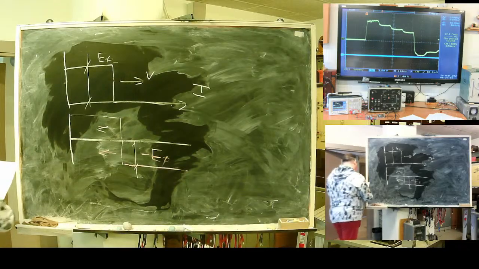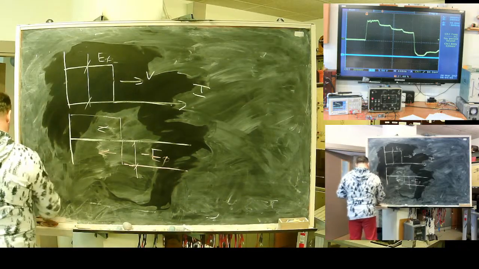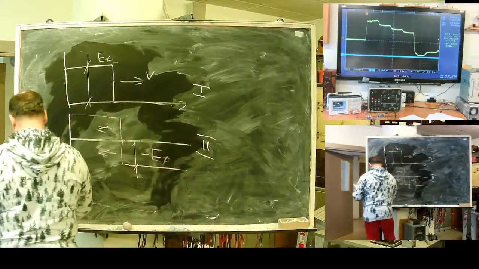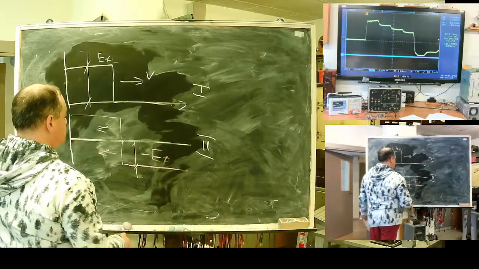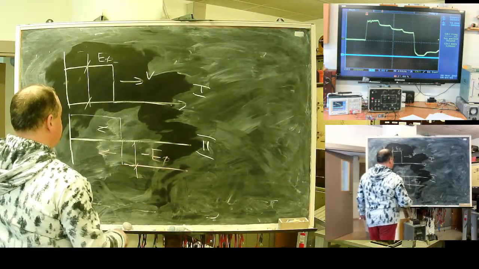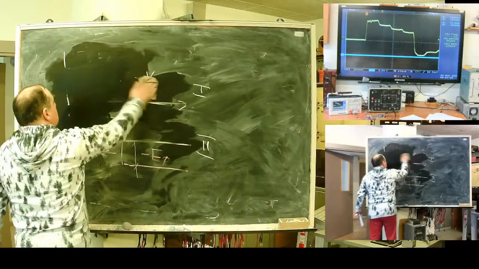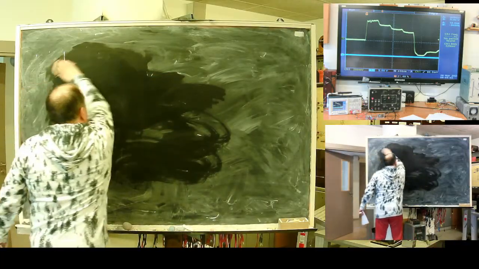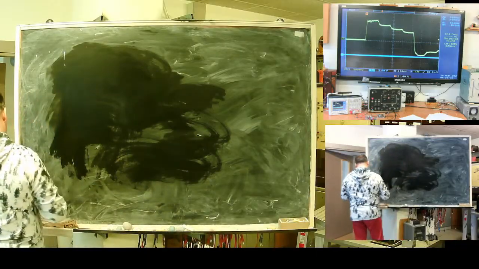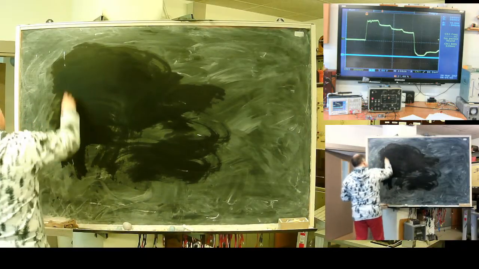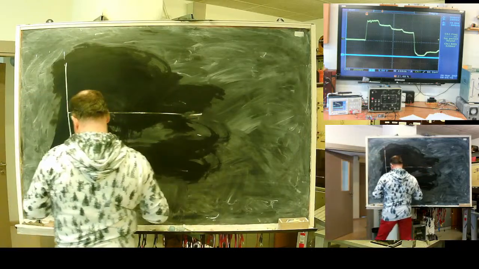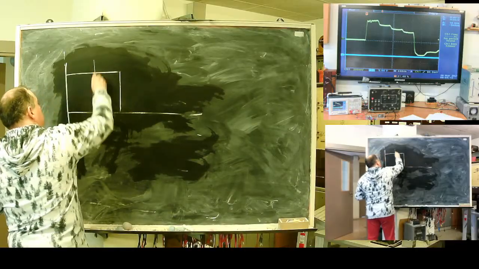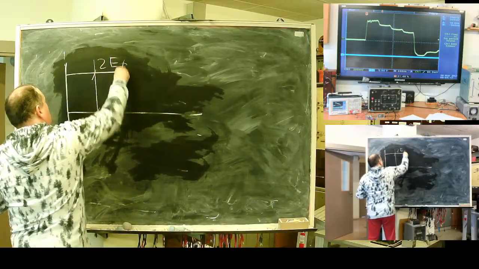For stage 3, this is stage 2. At stage 3, a wave with magnitude double E0 goes forward.